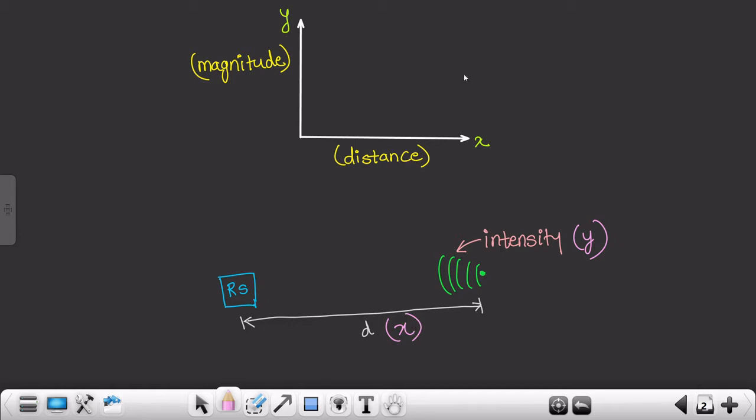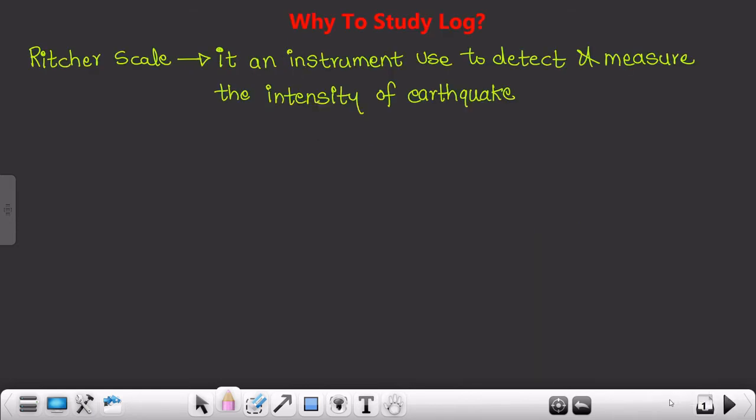And thus the plot is plotted. Now you will say, okay, I also understood this, but I am still not understanding the significance of log here. You need not worry, we have just understood the Richter scale and the plot of the Richter scale.